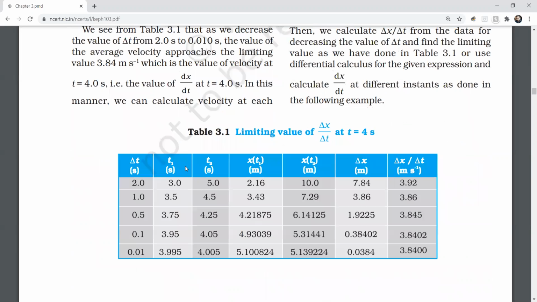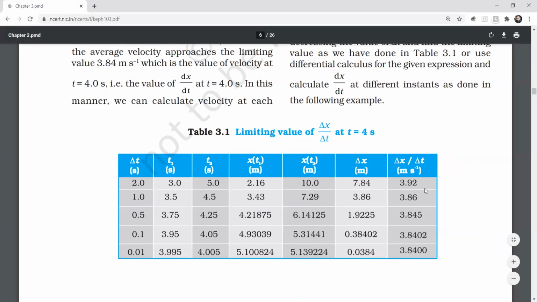Now there is some limiting value of delta x upon delta t at t equal to 4 seconds. You see what happens at every second, and you also see that there is a difference of velocity as well. So when the distance that has been covered is, let's say, 7.84 meters in 2 seconds, then the velocity has been 3.92.